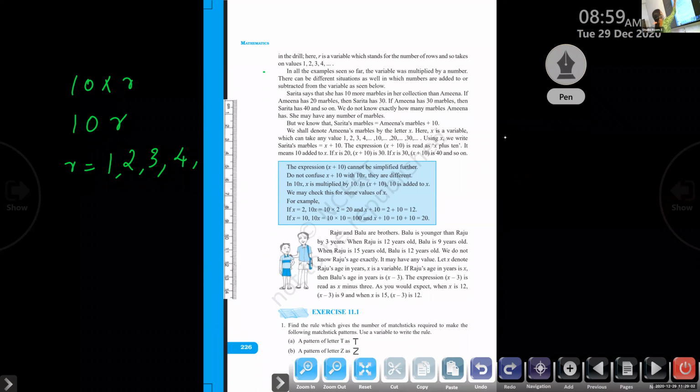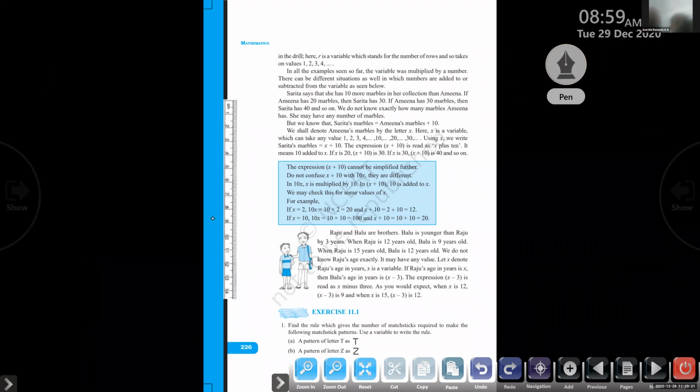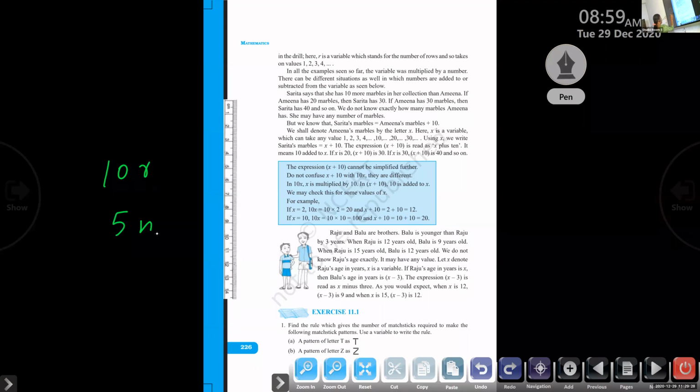So, in all the examples seen so far, the variable was multiplied by a number. There can be different situations as well in which numbers are added to or subtracted from the variables, as given below. In these examples, 10R or 5N or 2M, what we did is we multiplied the variable.